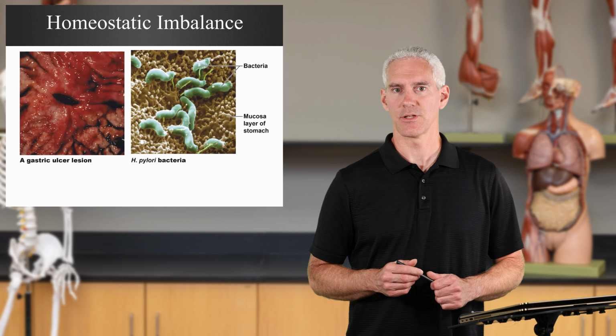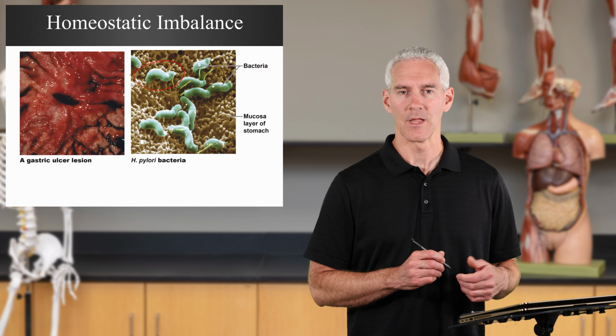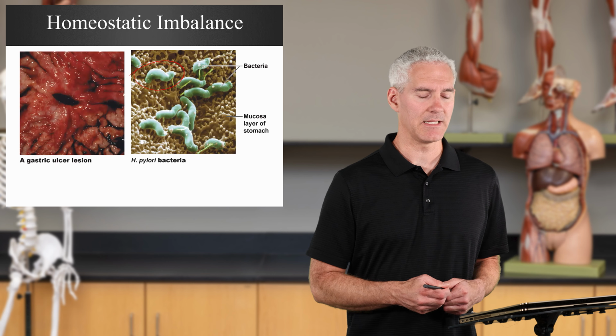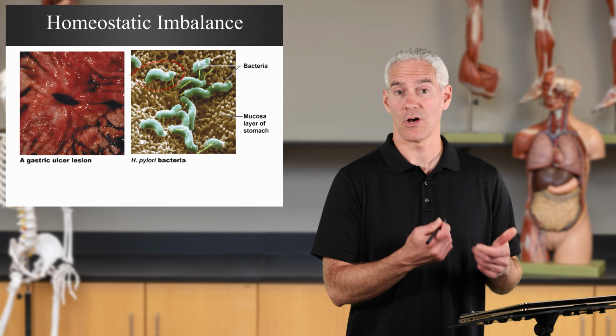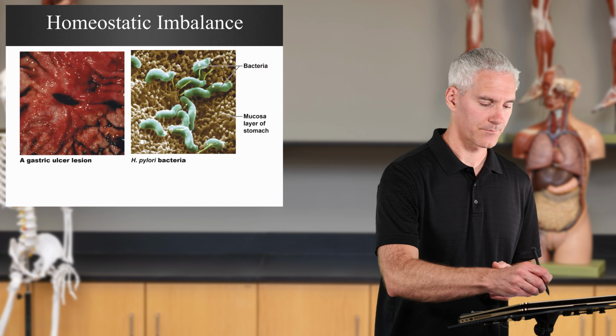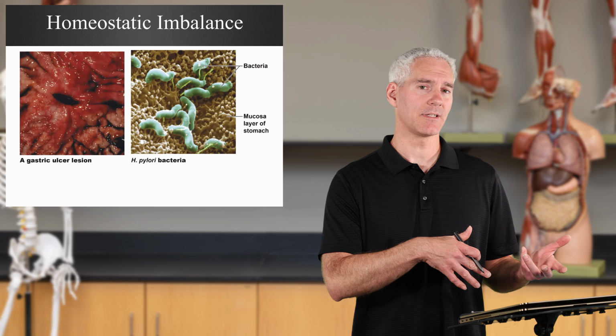If you're looking at the bacteria themselves, each one of these green things, and this is a false coloration, is going to be the bacteria, simply sitting on the stomach lining, causing damage where it is. So those are some homeostatic imbalances, from gastritis to ulcers. But that's a little more about the physiology of how those gastric glands are working, and then a little about how the mucosal lining works as well.